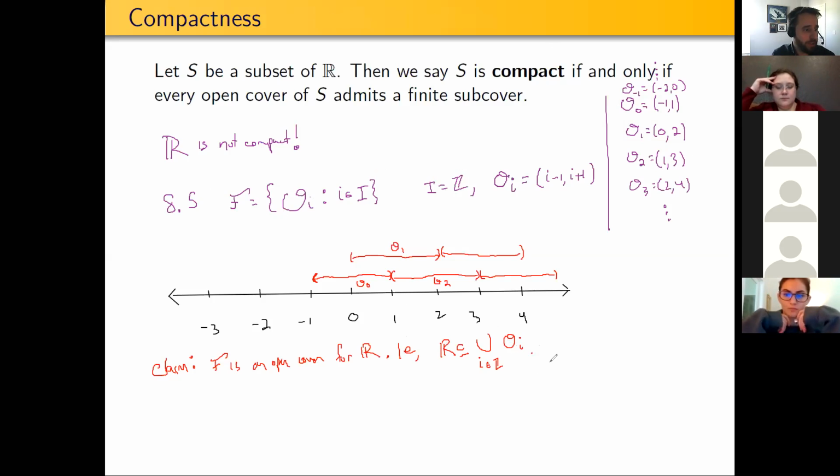And so to rigorously show that, I think we can do this really quickly. I would say proof. I would take an arbitrary element of the real numbers, and I would want to show that it appears in one of these O sub i's.